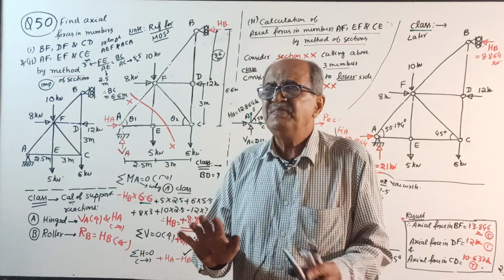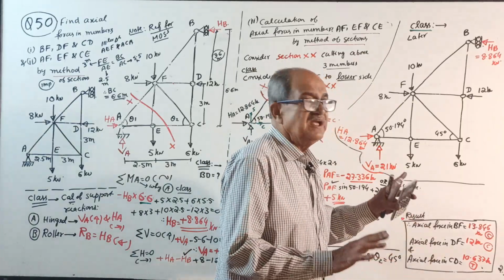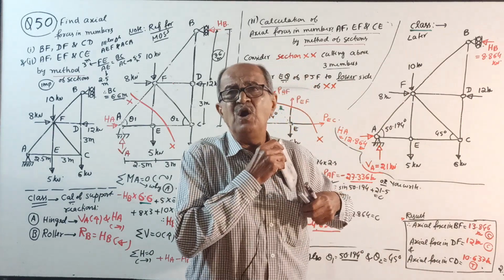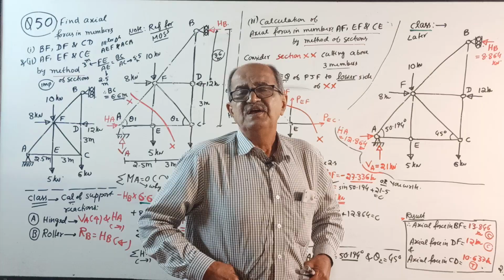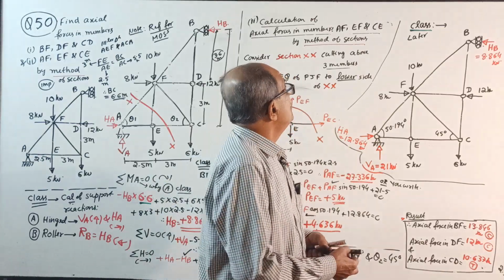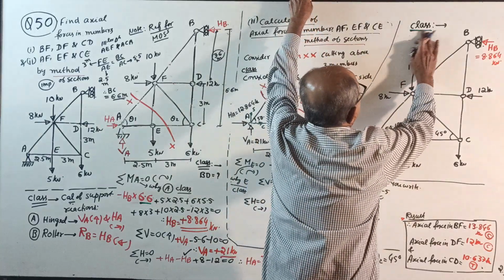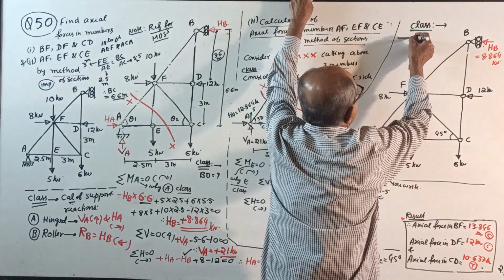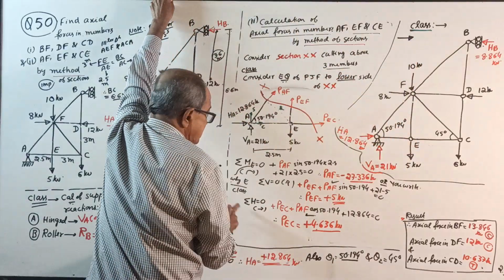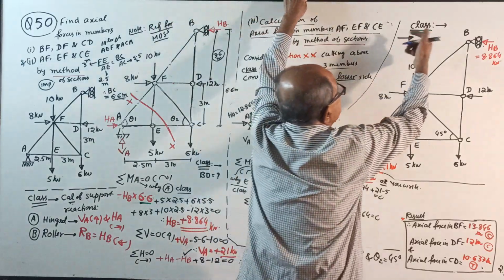See, now everything is over. Presentation is pending. Okay, do one thing. Make a note. This question we have not solved by method of joints. But you can solve. Therefore, all those people who are serious about knowledge, do one thing. As soon as you get the reaction, draw a neat sketch here.